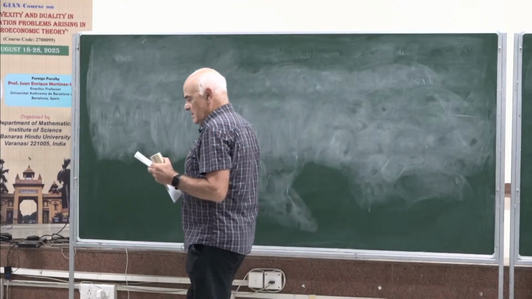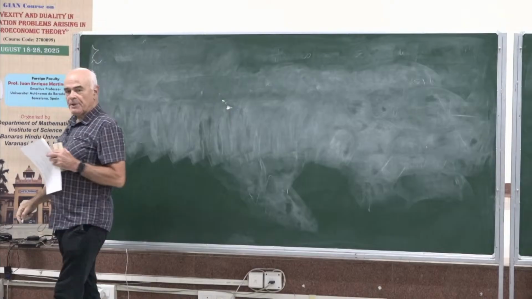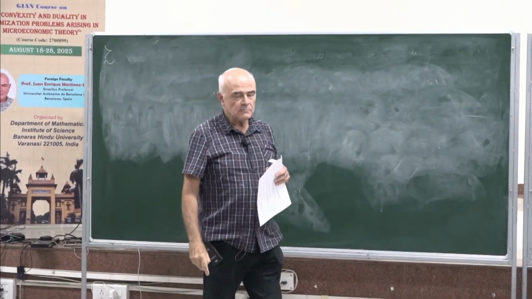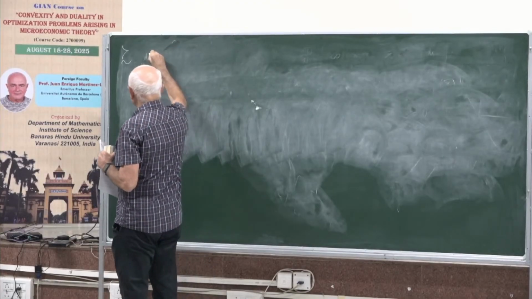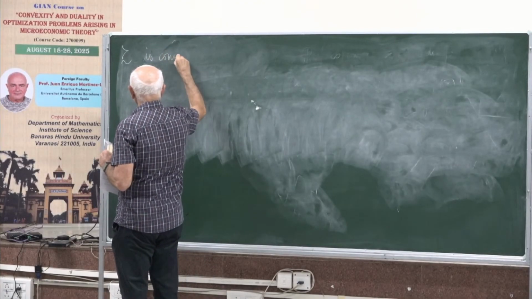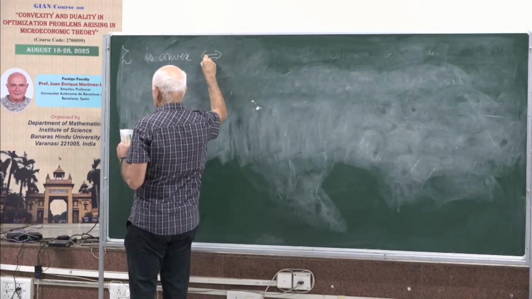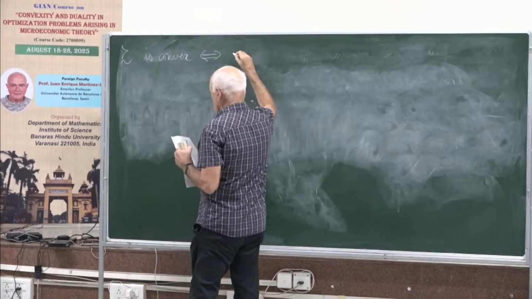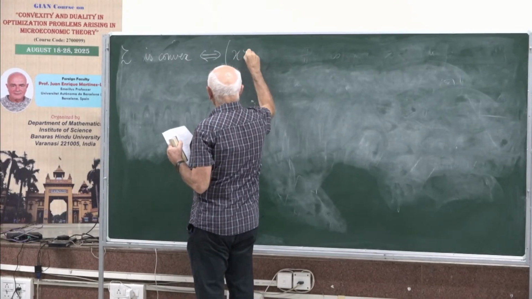One says that a total preorder is convex when the following implication holds true.